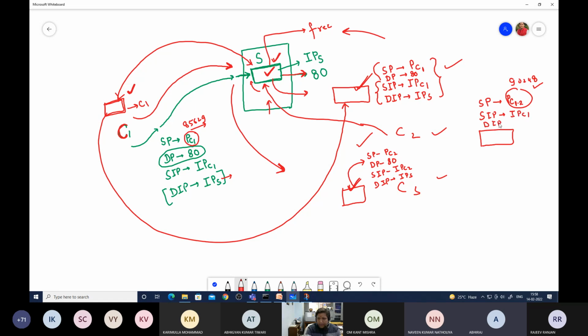Destination IP, IP of S. Destination port 80. So you may see that in this credential, 80, IPC1, IPS, and 80, IPC1, IPS, all these three are the same, but this PC1 would be different from this PC1. So you can identify these two sockets. Are you getting my point or not?